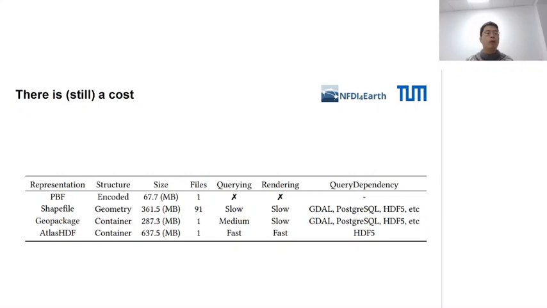For example, in AtlasHDF, we use this data container concept, therefore we have only one file, and we also have the fast speed of querying and rendering. And most important, with the AtlasHDF, we have this single and concise dependency only on the HDF5. And this HDF5 is actually a default dependency even for GDAL and for other HPC and deep learning environments.